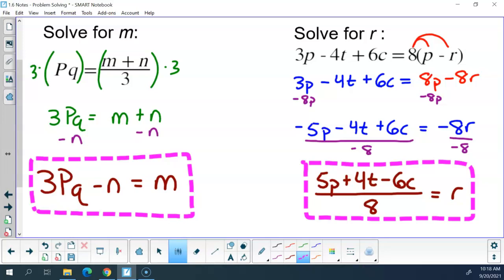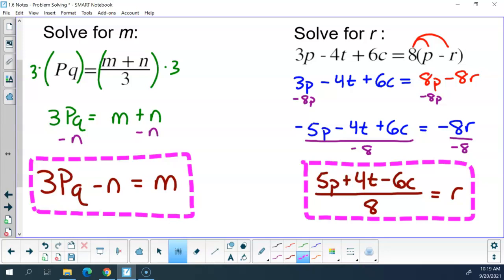Positive, positive. Good. Five eighths P plus 1/2 T minus 3/4 C. How's that possible?